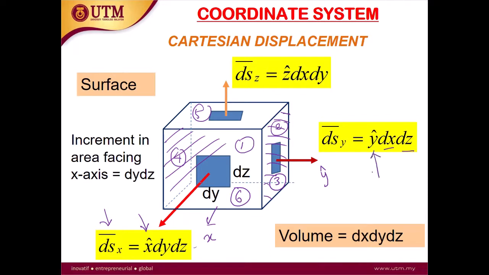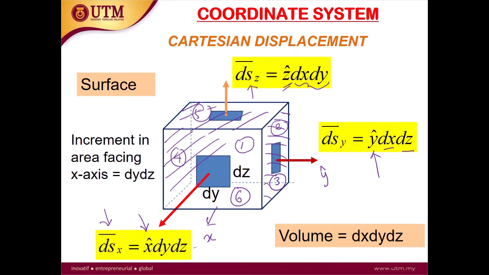So we write y cap dx dz. And similarly, the surface on the top here, surface 5, is facing the positive z-axis, and the increment to find the surface is dx dy. The direction is normal to the positive z direction. This is 3 different surfaces.